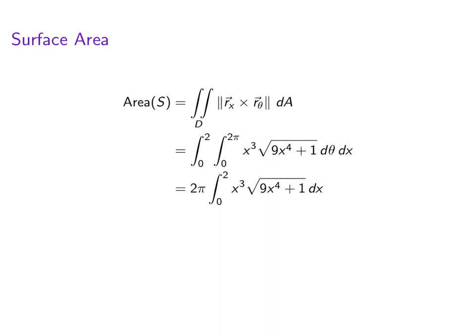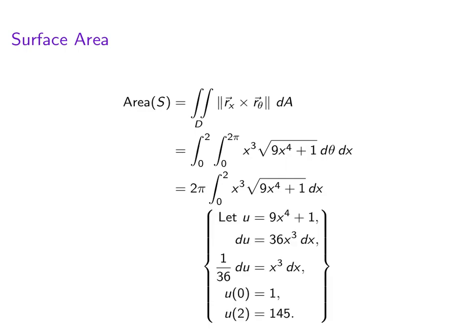And that means when we integrate from 0 to 2 pi, we just end up getting the 2 pi, which we'll factor out. And now we can evaluate this integral using a substitution. We'll let u be equal to 9x to the 4th plus 1, which makes du 36x cubed dx. We don't have 36x cubed dx, so we'll divide out by 36.